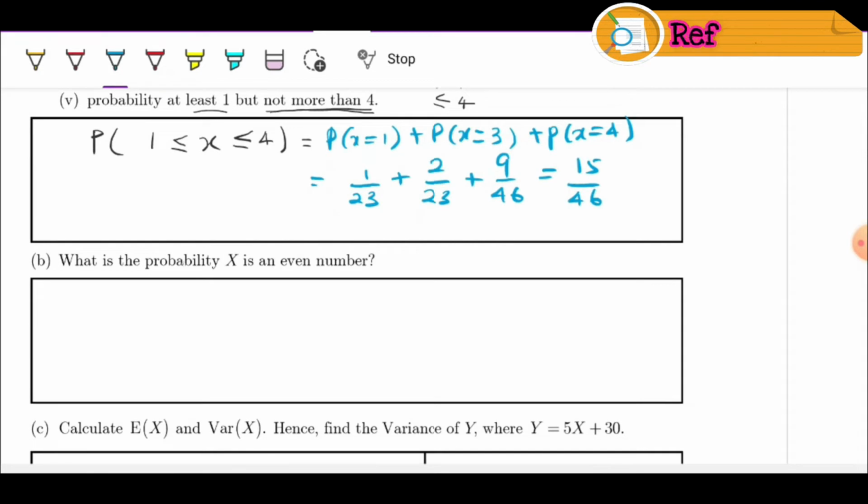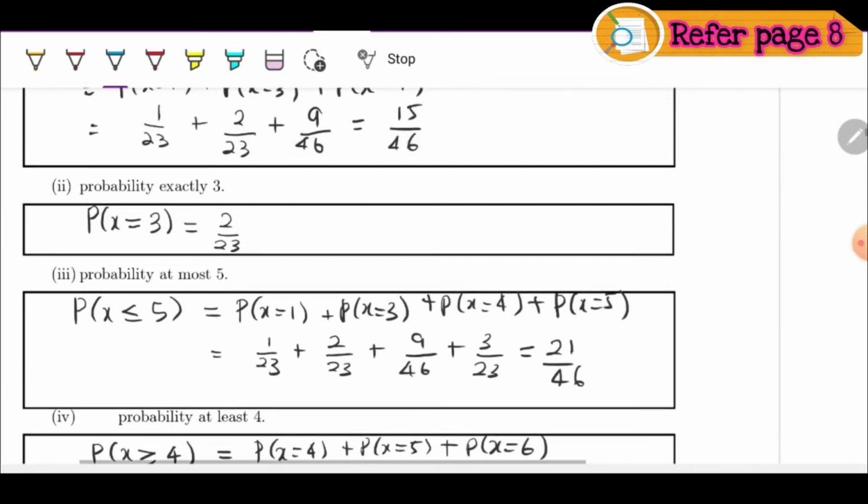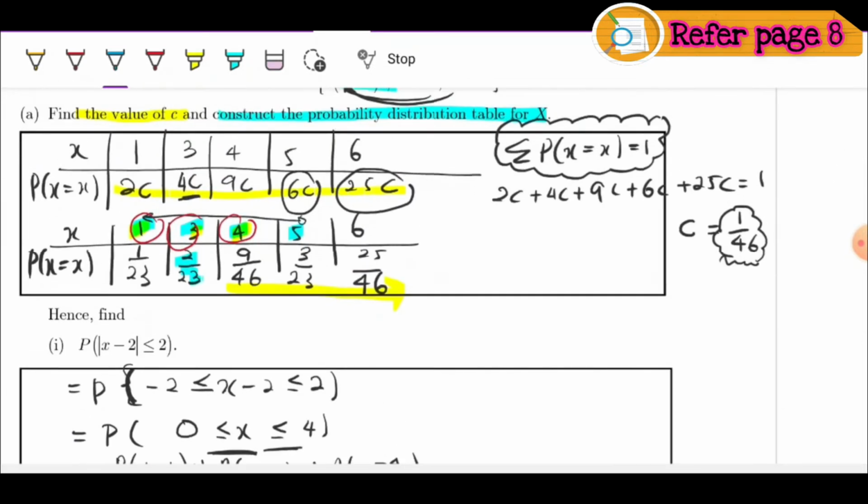Part B. What is the probability when x is an even number? From the PDF table, as we can see here, the even values are 4 and 6 only.